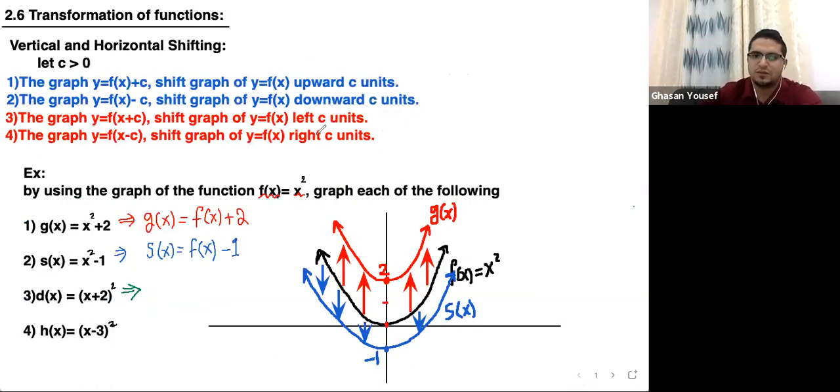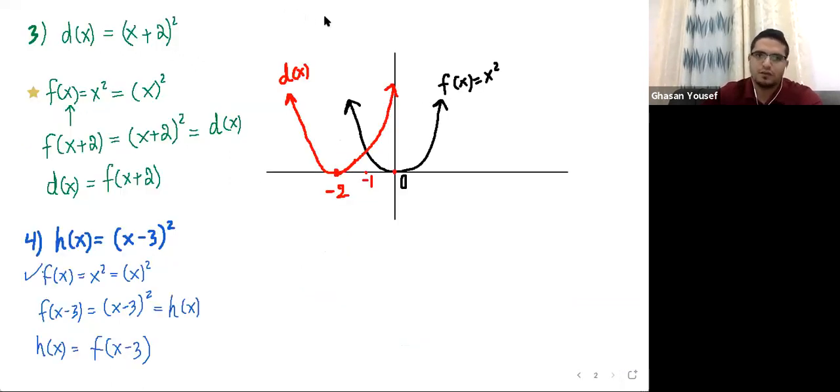Minus means we have to shift it right c units, 3 units here. So the shifting of the parabola x squared, the original, is 3 units to the right. So it should be something like this here, 1, 2, 3. And here is 3. So the graph will be something like this.